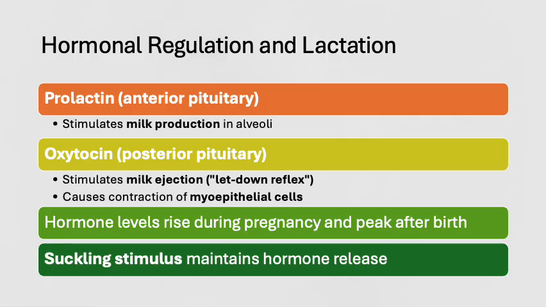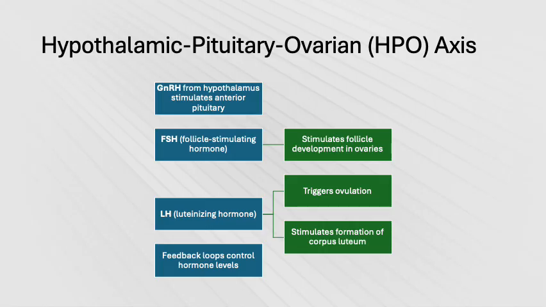This is known as the let-down reflex. These hormonal effects are part of a positive feedback loop. The more frequently the infant nurses, the more prolactin and oxytocin are released, maintaining a steady supply of milk. This system ensures that milk production matches the infant's nutritional needs.